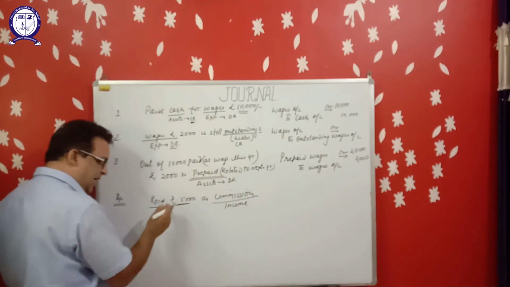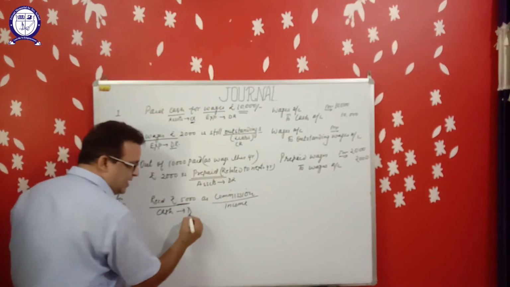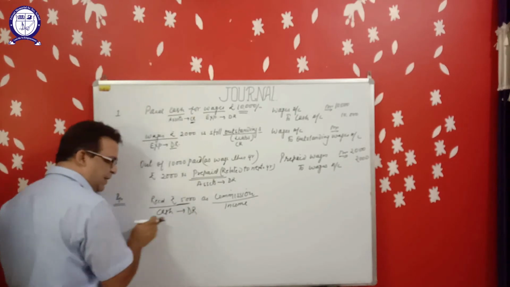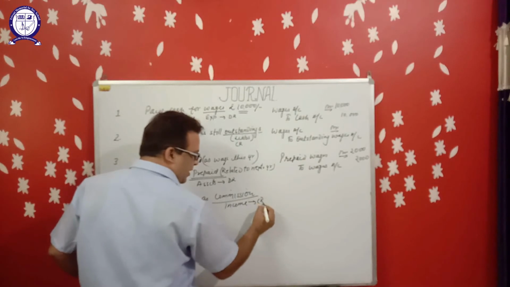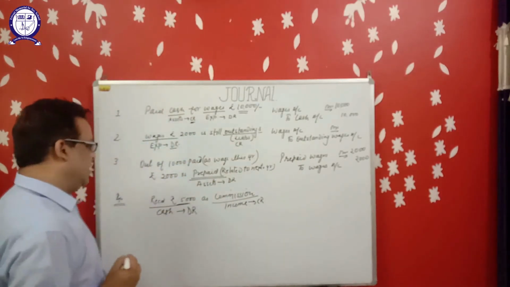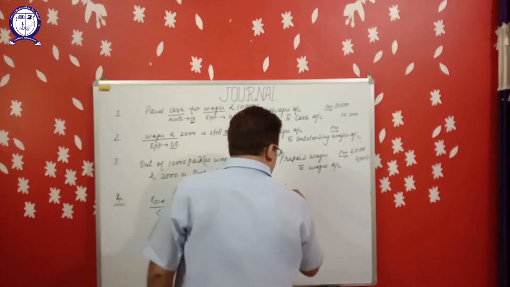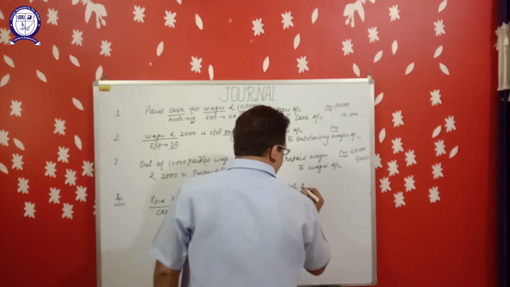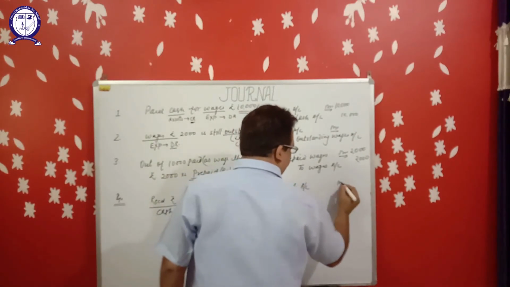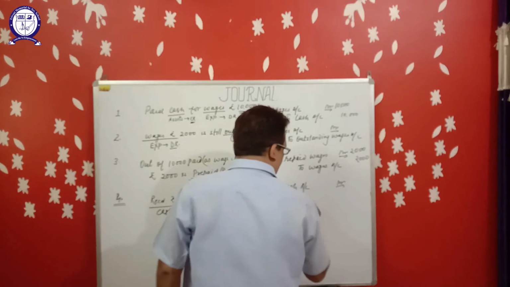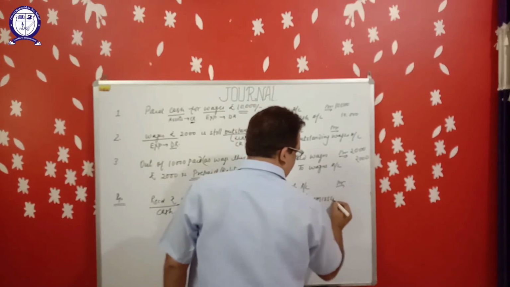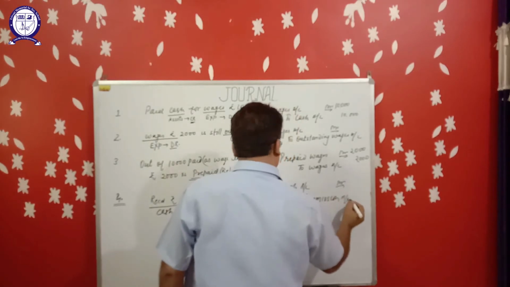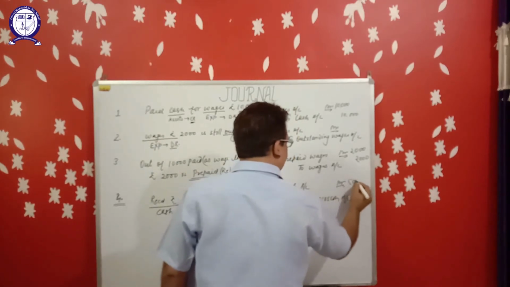When we receive cash, assets increase. That's why this will be debited. And when we receive income, income is to be credited. The journal entry will be cash account debit to commission account. Rupees 5,000.